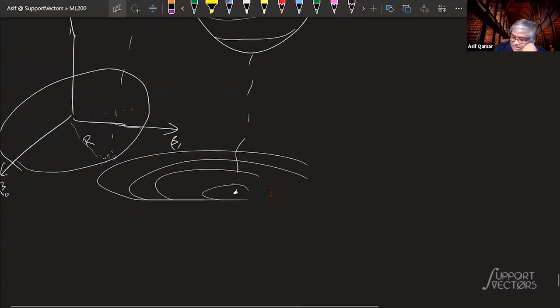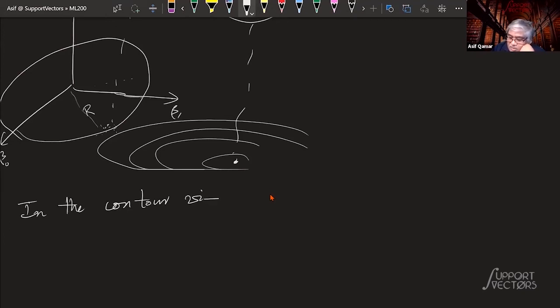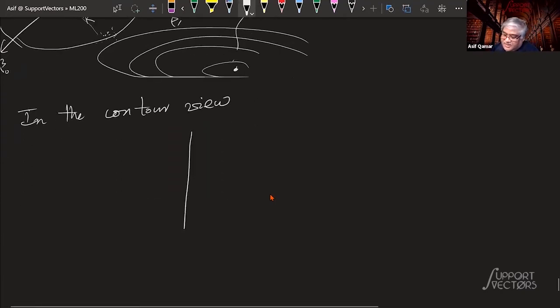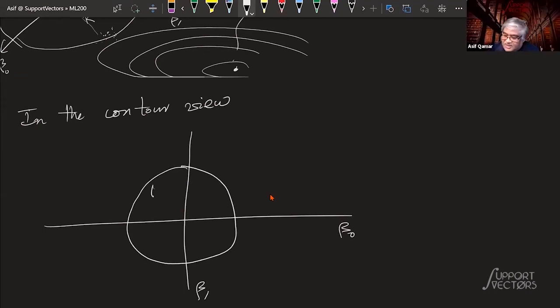Let me draw it out in 2 dimensions. In 2D, in the contour view, what you have is this. And again, I'll just draw it as beta naught, beta 1. You're saying that I have a certain radius of a budget, R, right? And I am not willing to go or find a solution above it. But the real solution is here, very far away.